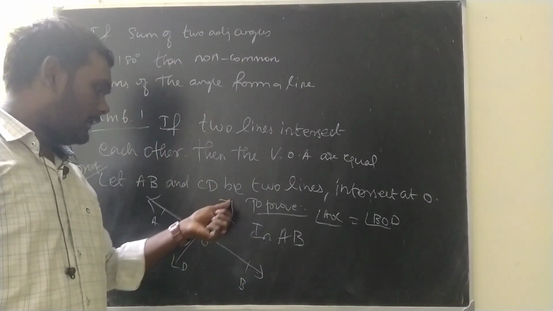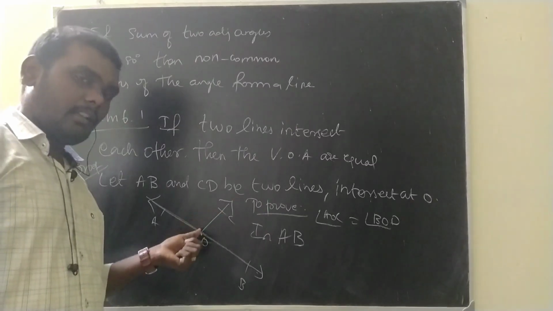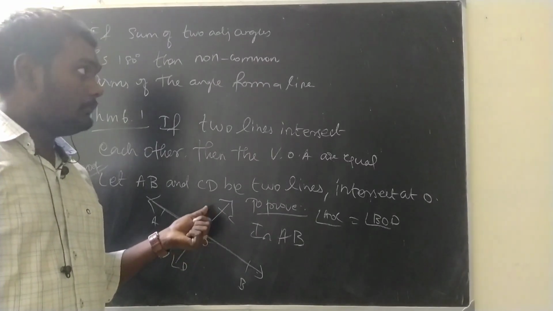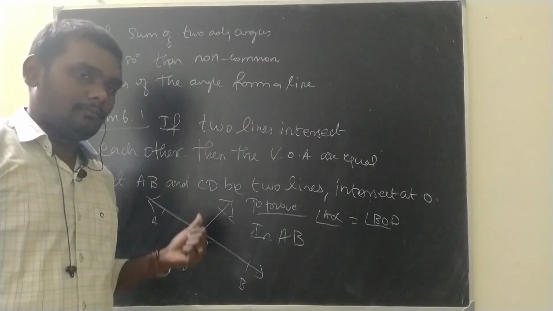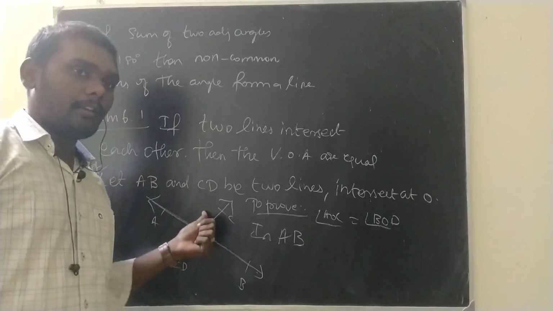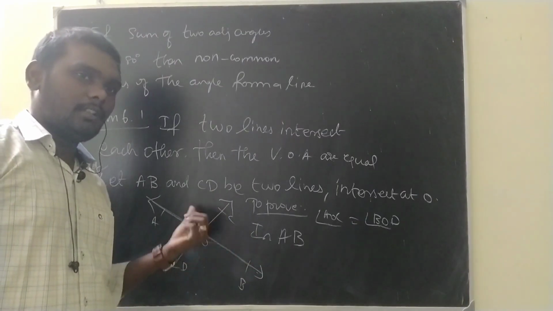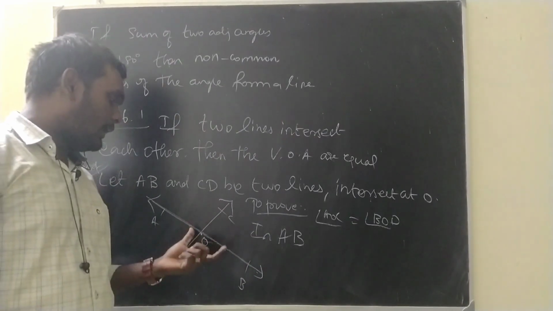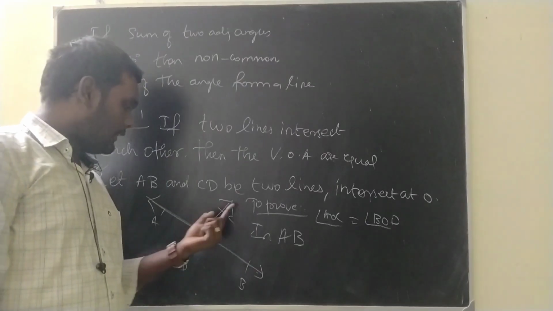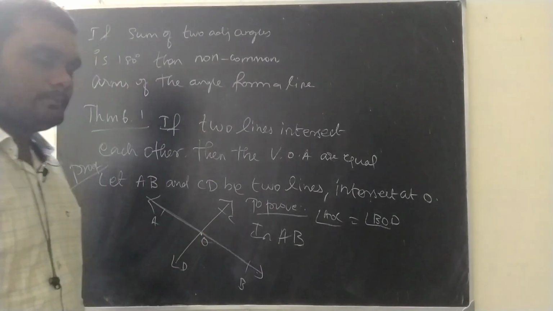Adjacent angles and the ray stands on it. Maybe it looks like both are similar, but it is really important what we are applying here. 6.2 we can't apply here because we don't know that the sum is 180. All we know is that this is a straight line and the ray OC stands on it.